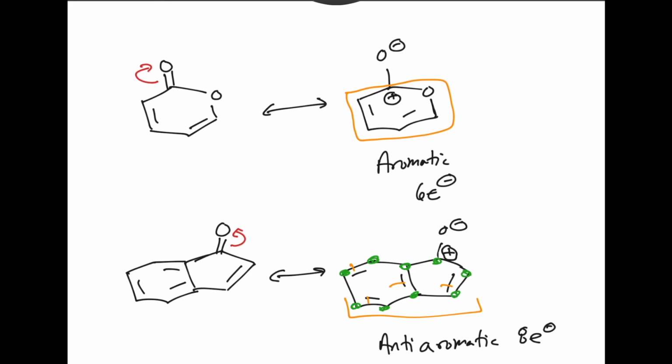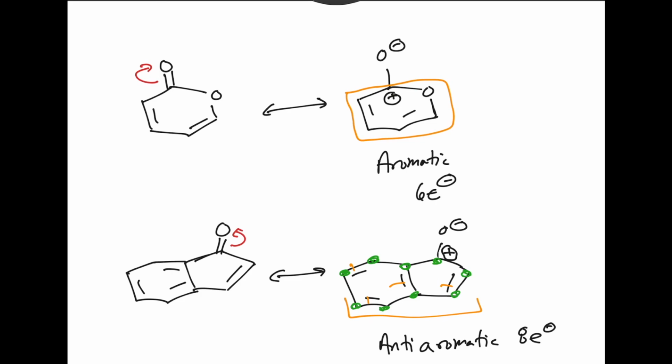It will try to break the unbroken chain of p orbitals by not putting that positive charge on the carbon of the C double bond O. It'll just be like, nope, I'm not going to ever do that resonance structure.